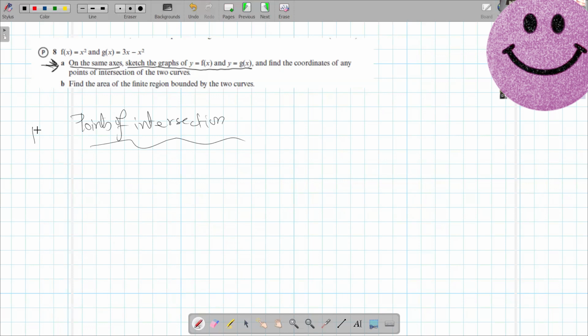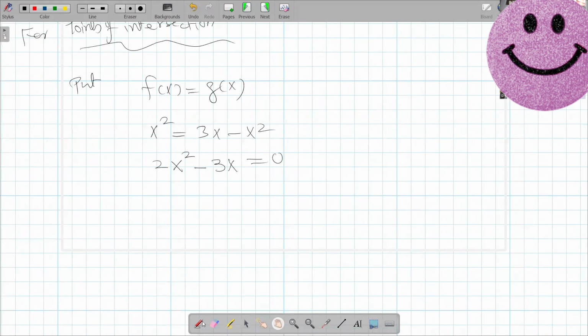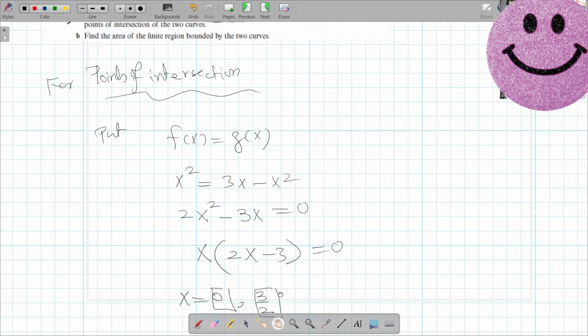For the points of intersection, you equate f of x equal to g of x. So x squared equals 3x minus x squared. So it is 2x squared minus 3x equal to 0, and x is common: x times 2x minus 3. So we are getting two values, x is 0 and x is 3 by 2. These are the common points.